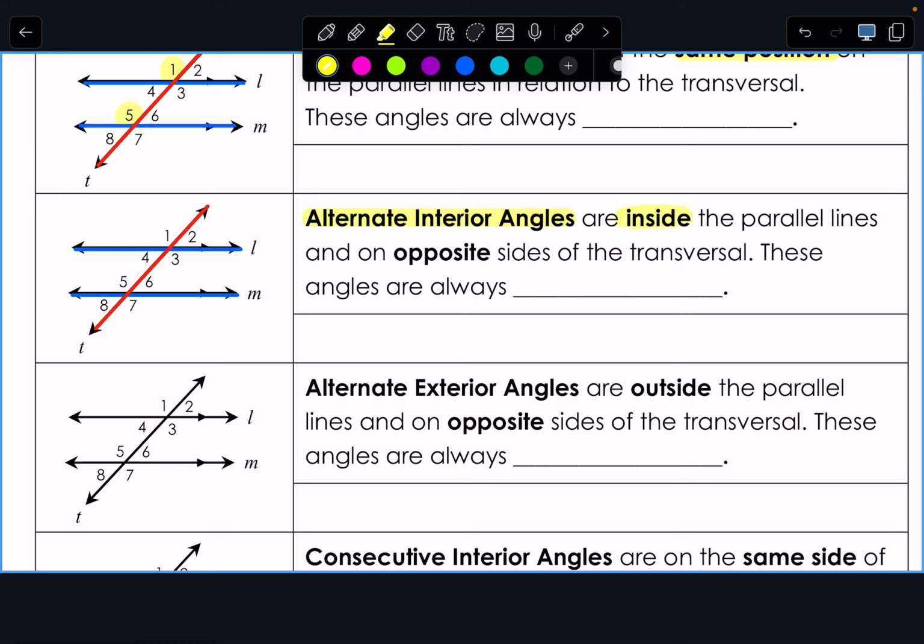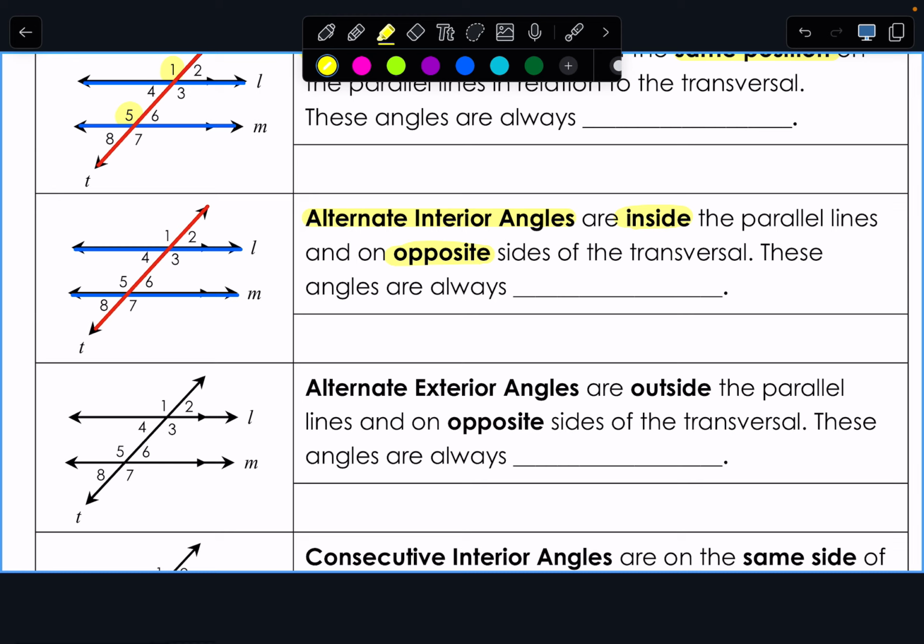Inside. So let's highlight the word inside to help us remember. And alternate means we're switching. Okay, so alternate in terms of like this picture means we're going to the other side of that red line, that transversal.